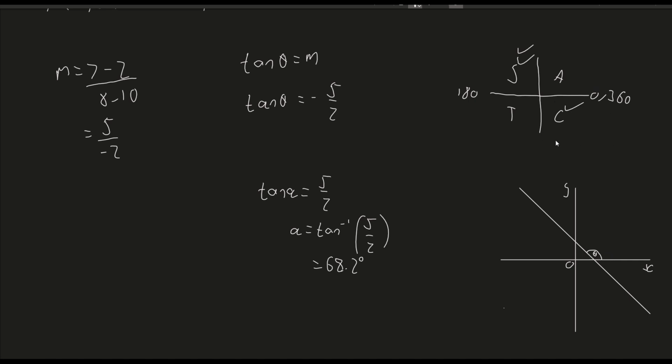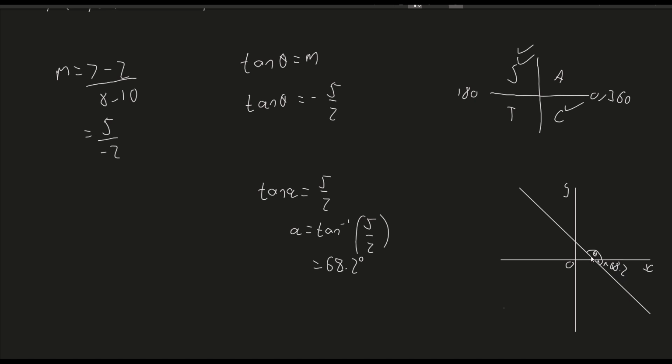Now, you don't actually have to think of it in terms of the CAST diagram every single time. You can just remember it as you find this angle here and then take, because by the way, this angle here, I'll just mention, this 68.2 is this angle, okay, this angle here. So that thing there is A, that's 68.2.